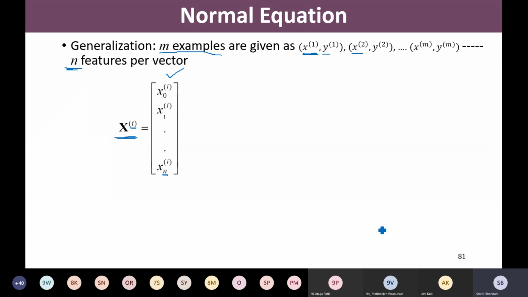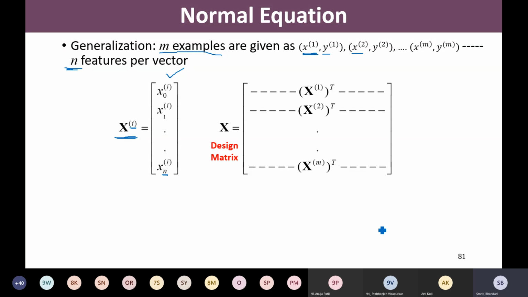Now what we are going to do next is form a design matrix. So how to form this design matrix X? The number of rows in this design matrix equals the number of examples in my training data set.